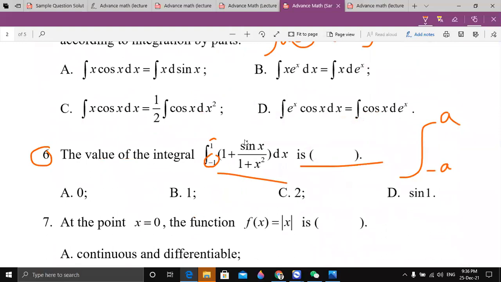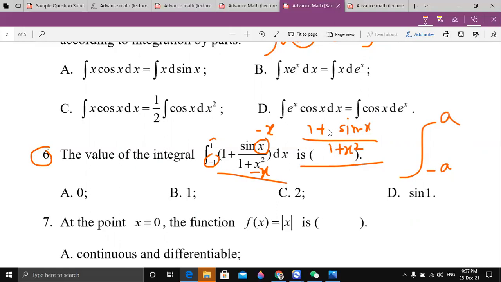So we have to put some value here, like we have to put minus x here, and we have to see if it is an even function or odd function. So I put here minus x. So 1 plus sin of minus x divided by 1 minus x square, that means 1 plus x square, okay?